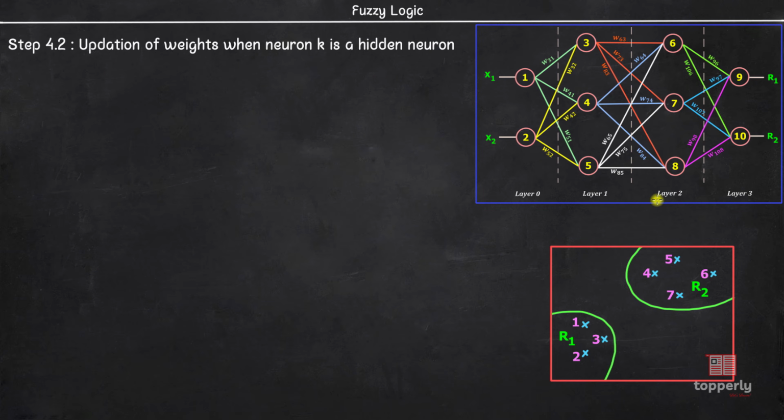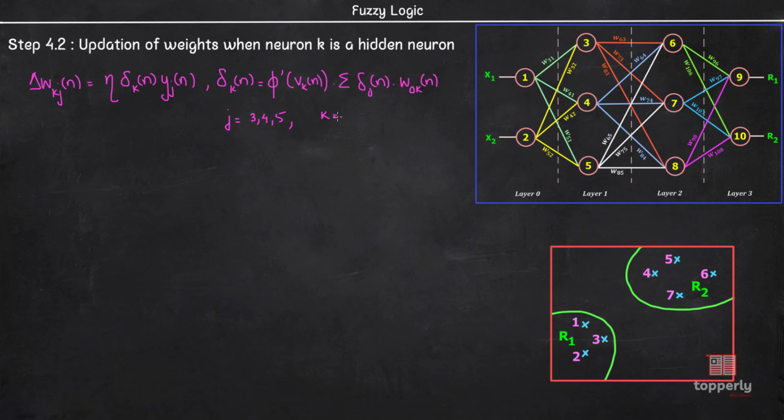In this case, since layer 2 has hidden neurons, we have delta Wkj of n is equal to eta into dou k of n into yj of n, where dou k of n is equal to phi dash vk of n into sigma of dou o of n into wok of n, where j is equal to 3, 4, 5, k is equal to 6, 7, 8, and o is equal to 9 and 10.